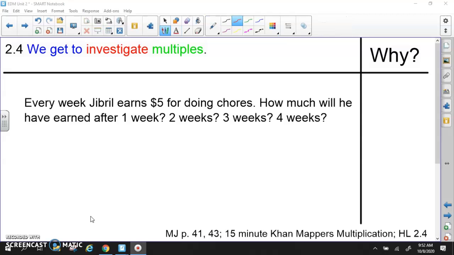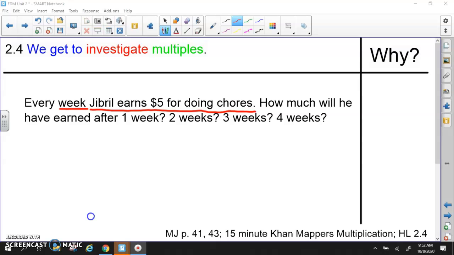Nice and loud. So I think it's basically because after 1 week, it tells us right here. Jabril earns $5 for chores every week.